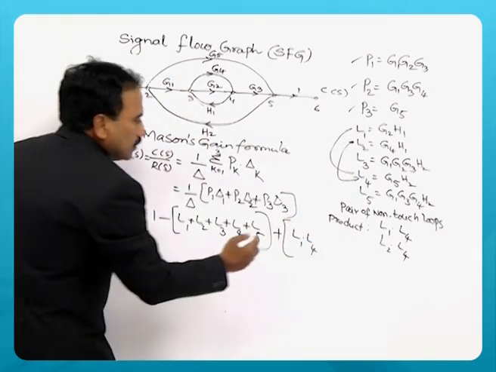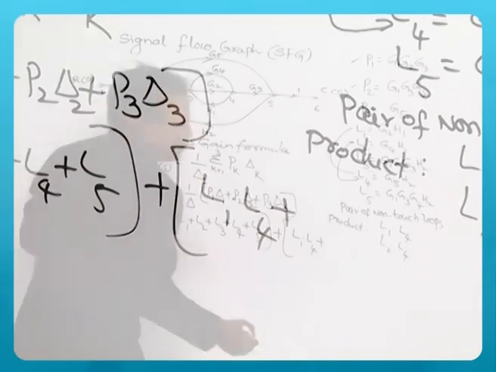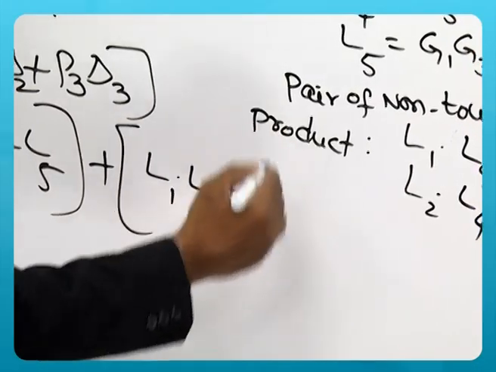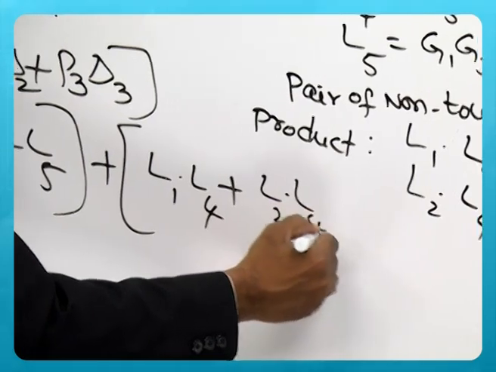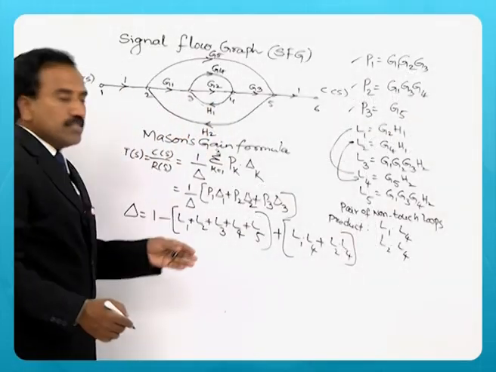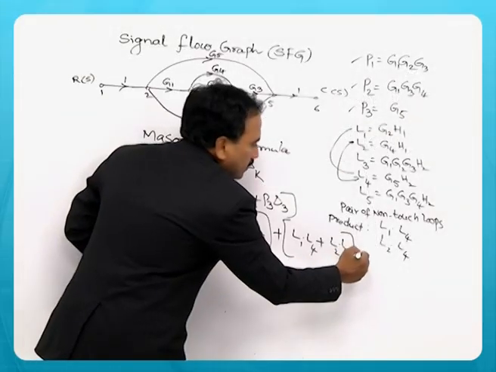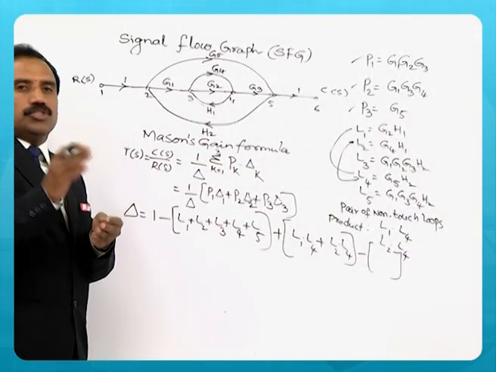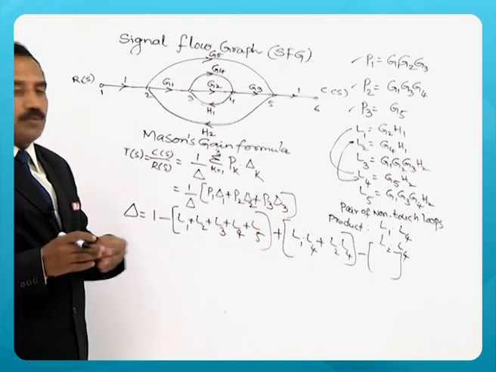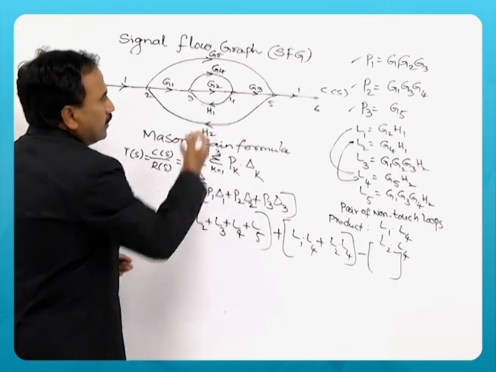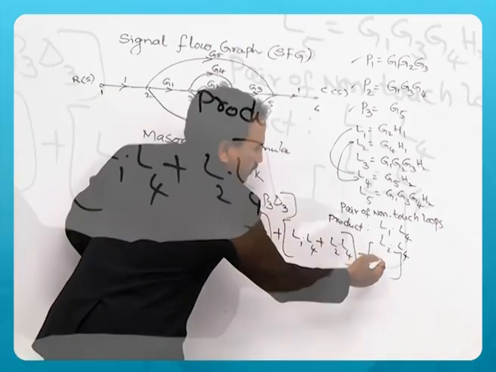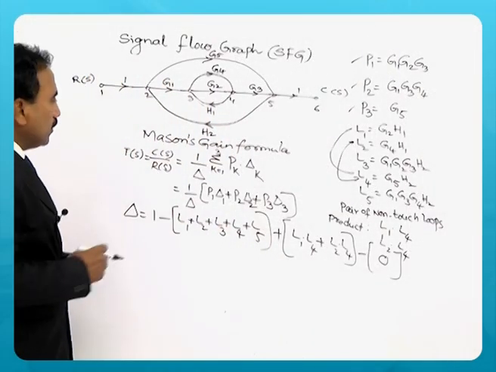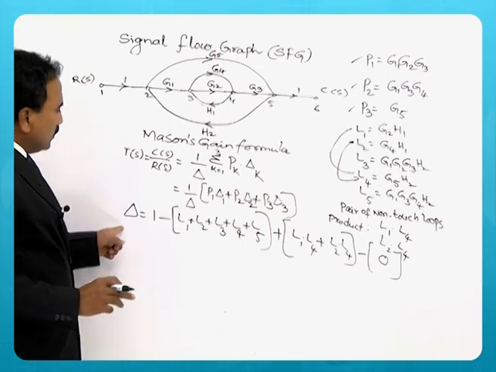So the products of pairs of non-touching loops are L1 L4 and L2 L4. It continues like this: minus, if any 3 such non-touching loops exist, then you need to include them. However, in this example there are no 3 non-touching loops without a common node, so it is 0. So this is delta.